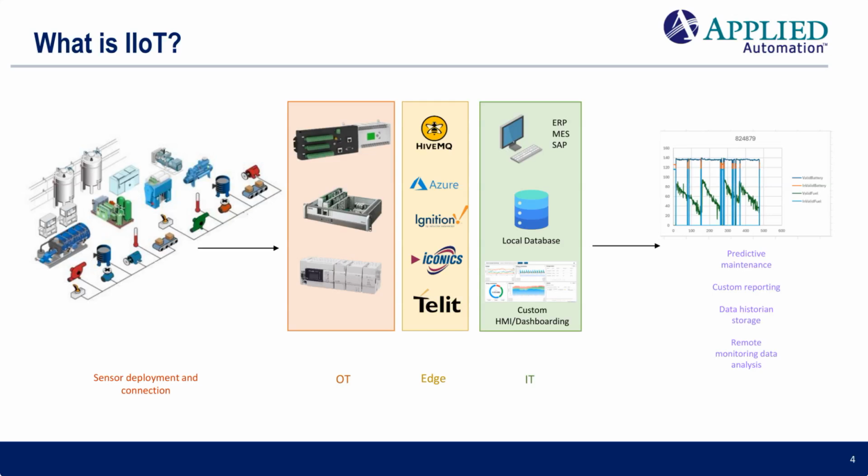Once we bridge that gap between IT and OT, and data is stored in an IT environment, whether a database, ERP or SAP system, or directly tied to a dashboard, that data can be used to make decisions around predictive maintenance, overall equipment efficiency, business predictions, and so on.